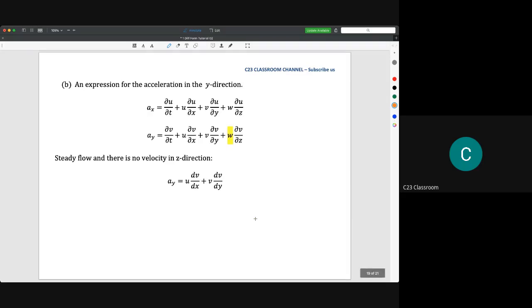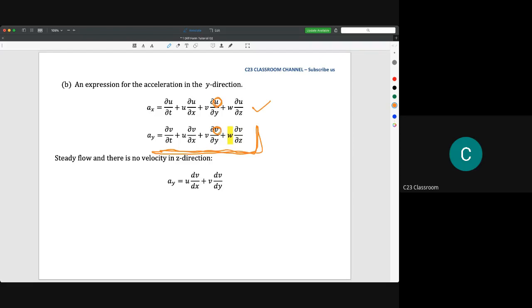Then we try to come up with the expression of the acceleration in the y direction. This is the expression of acceleration in x, and the second one here is the acceleration for the y direction. If you see the equation, you just replace the element of x here with the element of y.